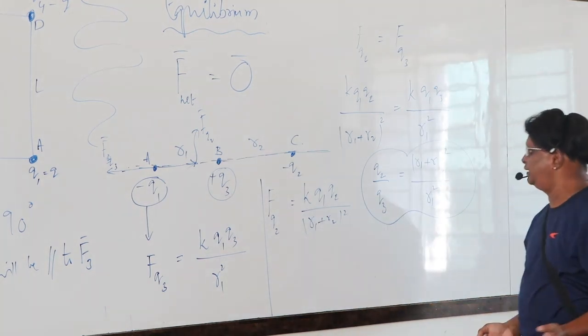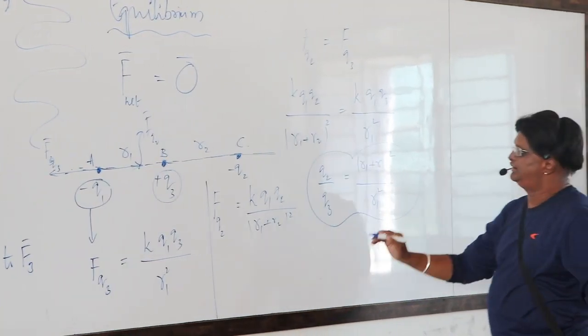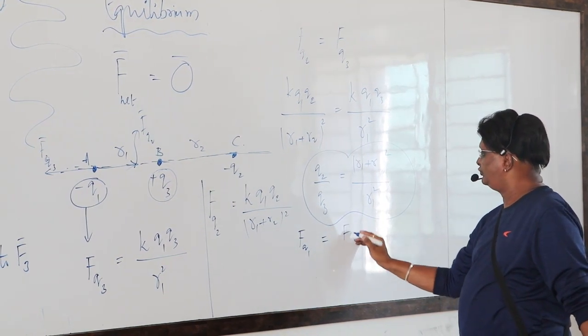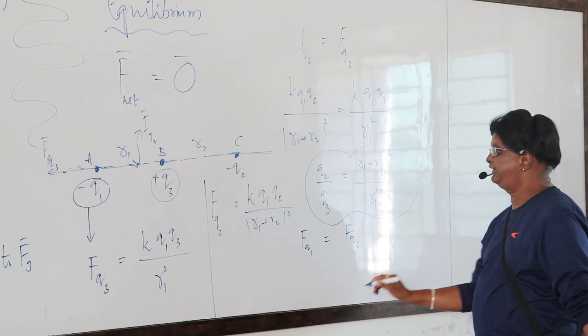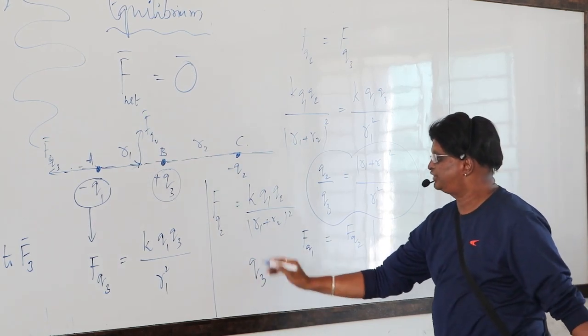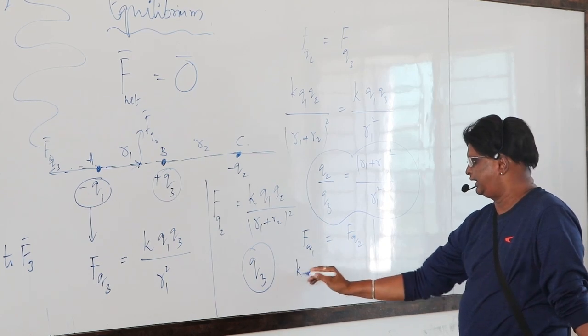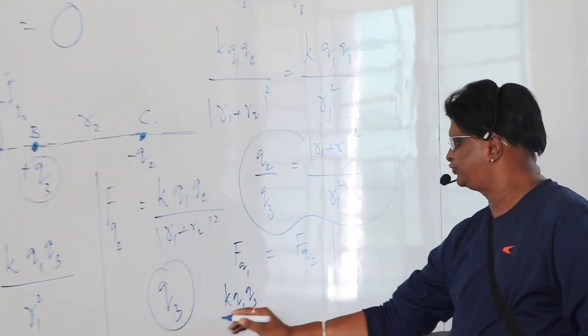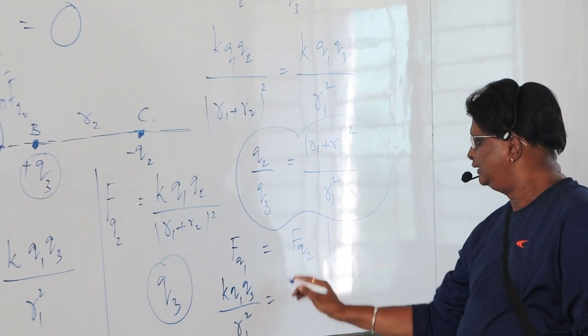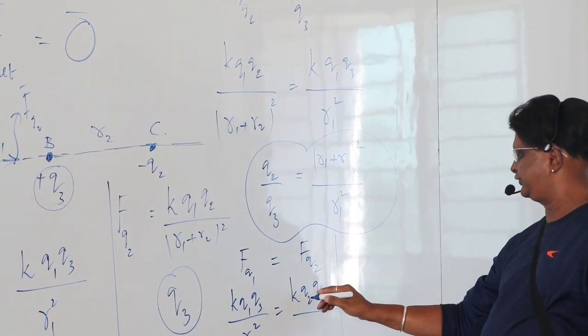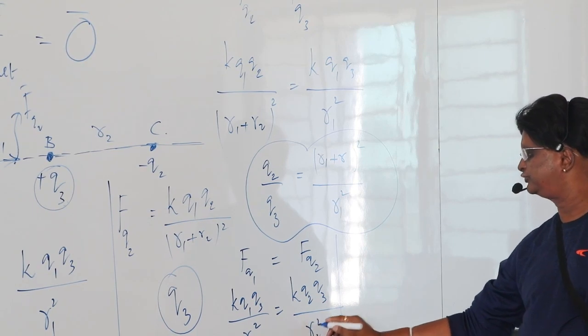Again, the same condition applies. What is the condition this time? The force due to Q1 is equal to the force due to Q2. I am writing this for the charge Q3. So the force due to Q1 is K Q1 Q3 by R1 square, equal to K Q2 Q3 by R2 square.